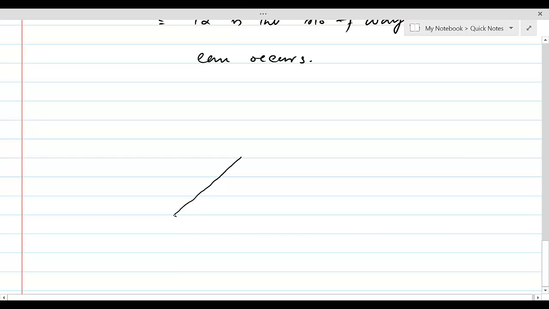Because there are only 2 outcomes for the first event, we are only drawing 2 branches. This is head, let's say, and this is tail.